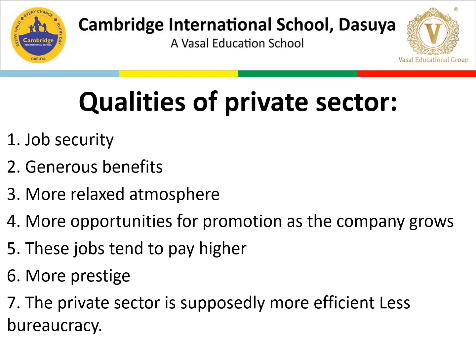Next thing is the private sector is supposedly more efficient, with less bureaucracy. Yes, in the private sector people work more efficiently as compared to the public sector. Most of the time, if you have to do important things, like making a UID, people take a lot of time to prepare your documents. That is a negative point, and bureaucrats are sometimes the cause of delay in public sector work.